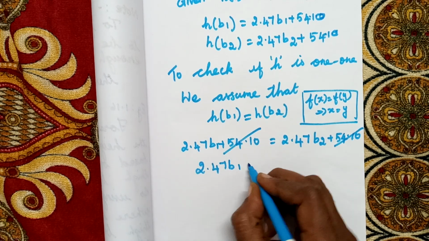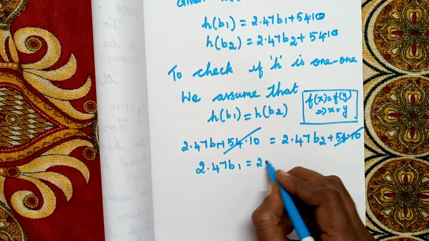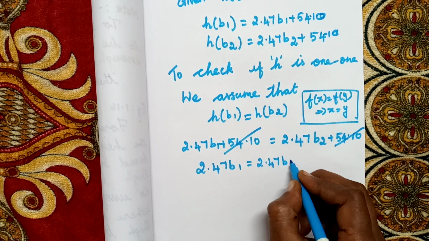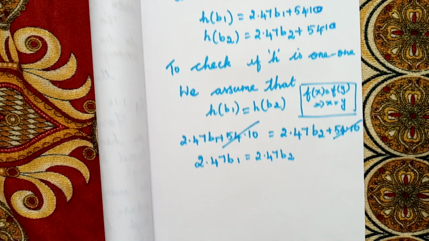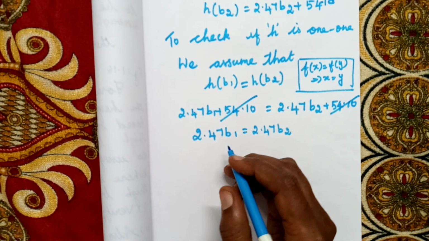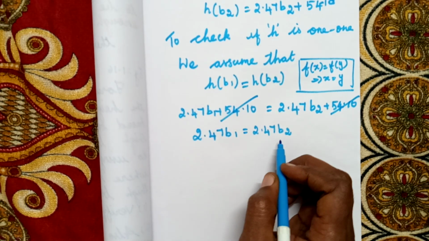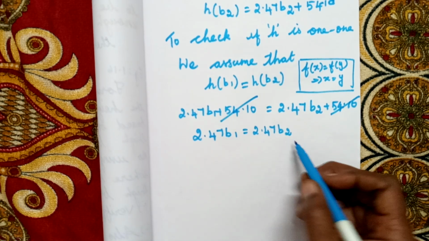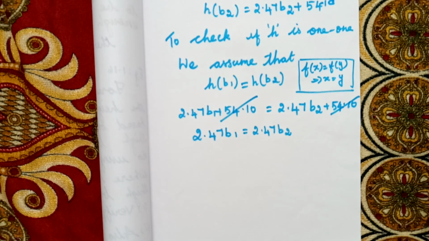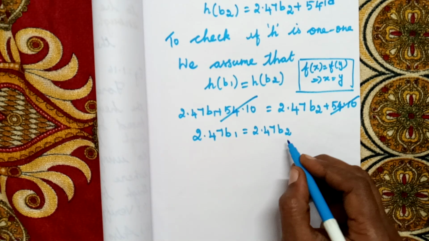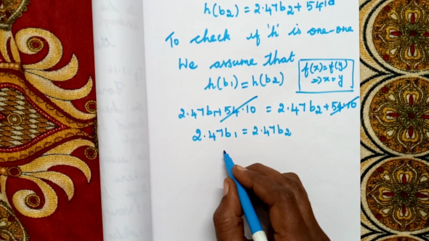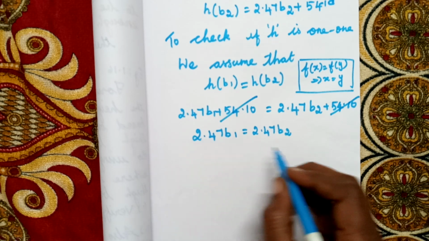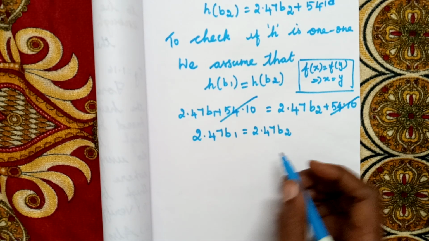Now we are getting 2.47 b1 is equal to 2.47 b2. Now take b2 to the left hand side and 2.47 to the right hand side.